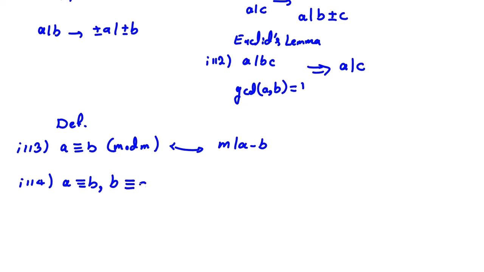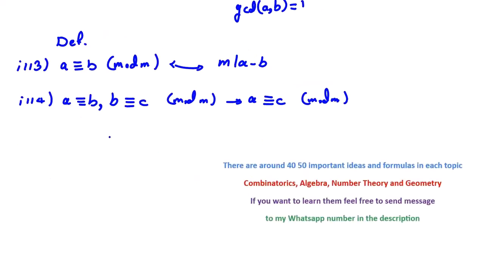If A is congruent to B and B is congruent to C, all of them mod M, then we can conclude A is congruent to C mod M. And okay, next idea 115. If A is congruent to B mod M, then we can say B is also congruent to A mod M.